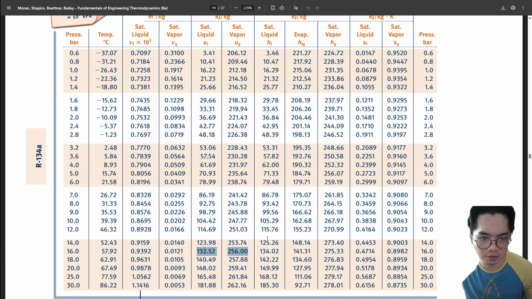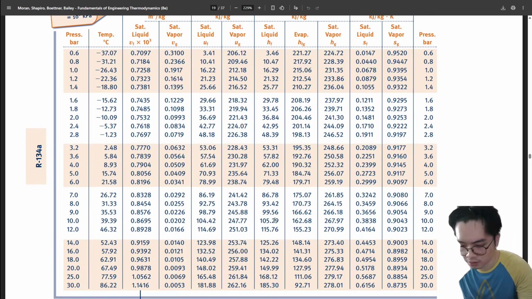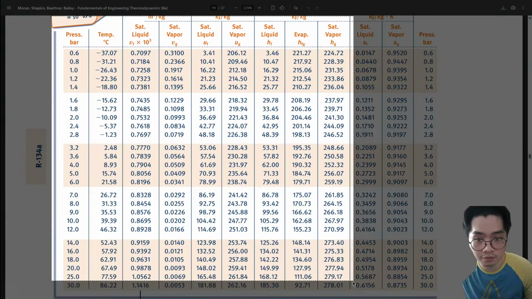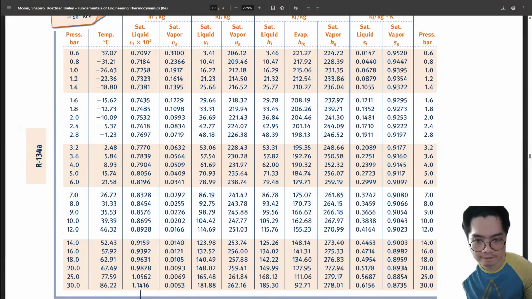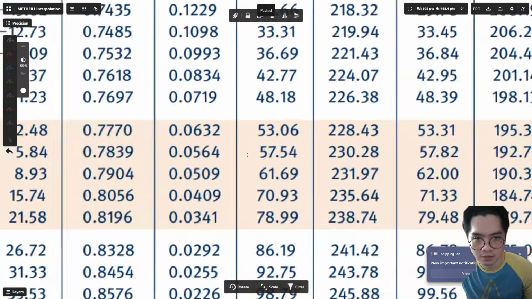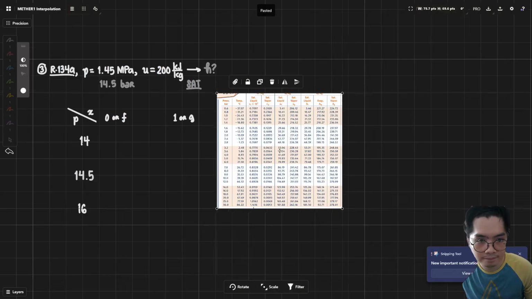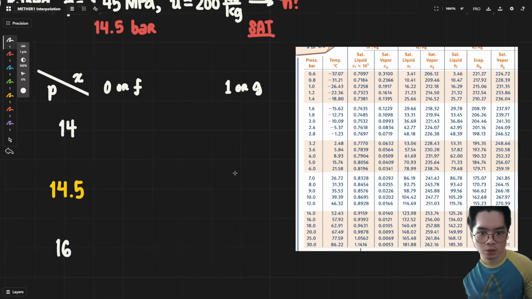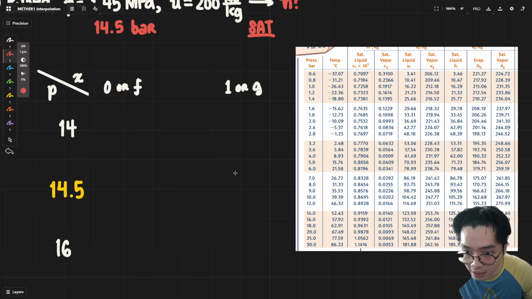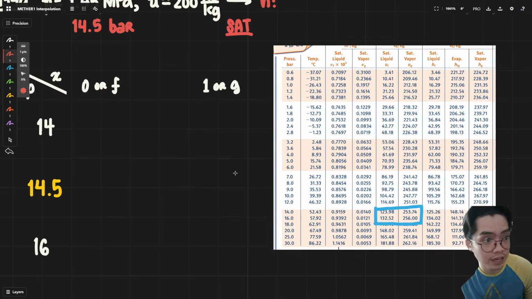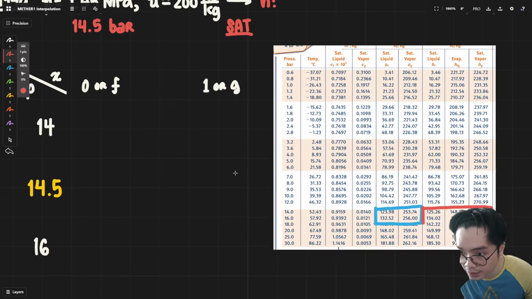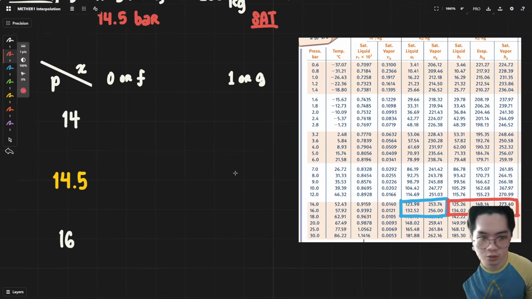Actually, let's just put this all into one screenshot so I don't have to go back and forth. Okay, so for 14 bar, your UF values should be here, and your H values will be here.